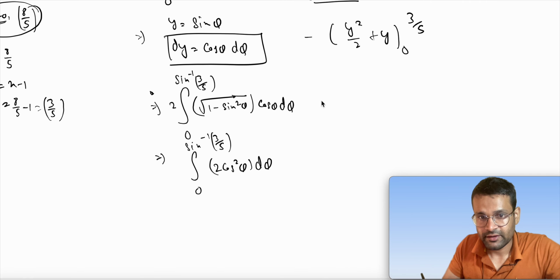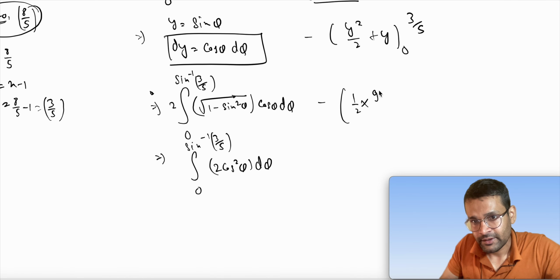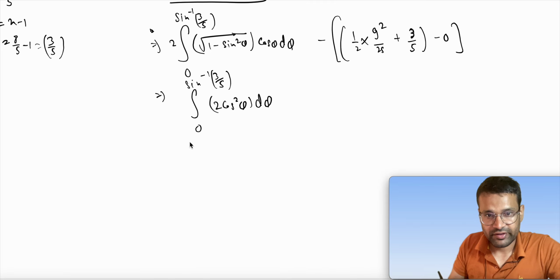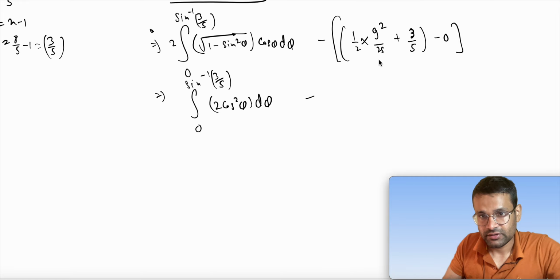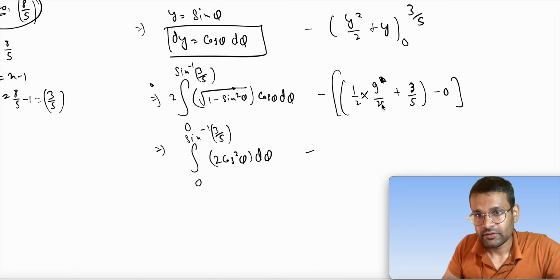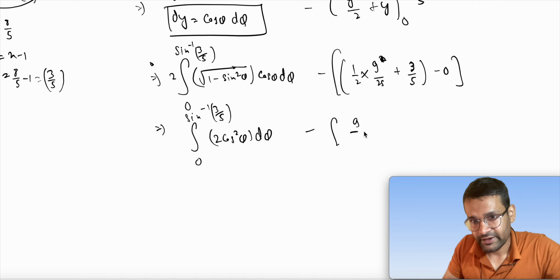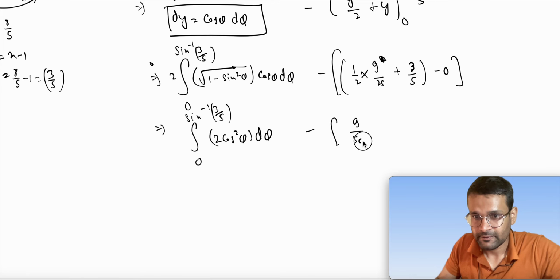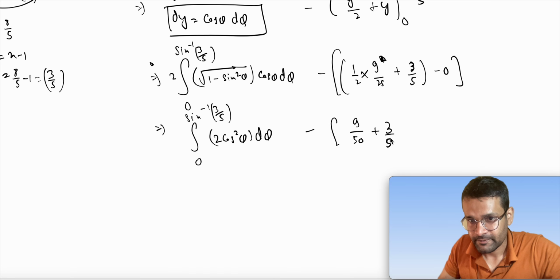And here you can write 1 by 2 into 9 square by 25 plus 3 by 5, and the rest is 0, so we don't need to write it, minus 0. Now you write 9 square by 50 plus 3 by 5.